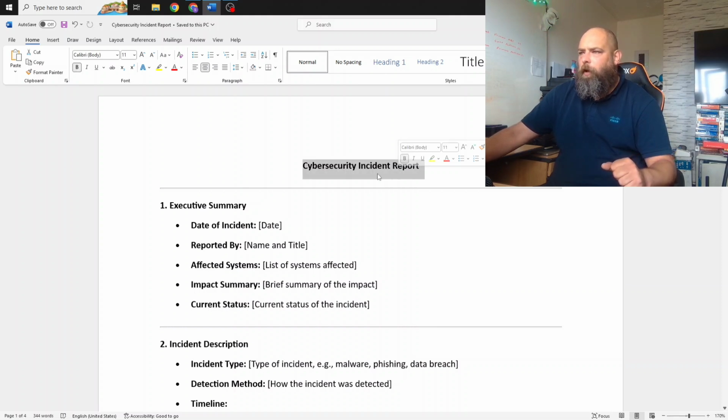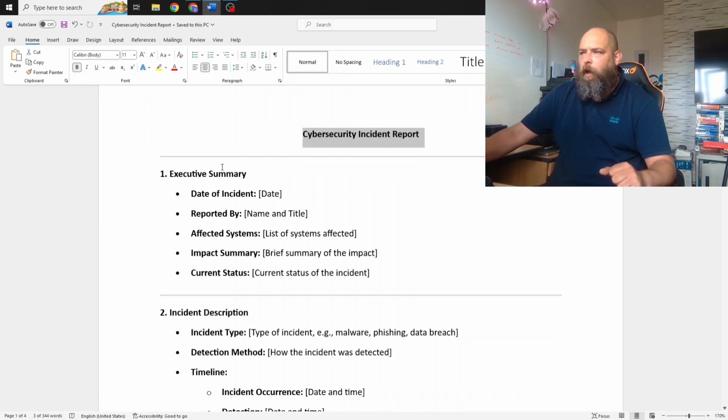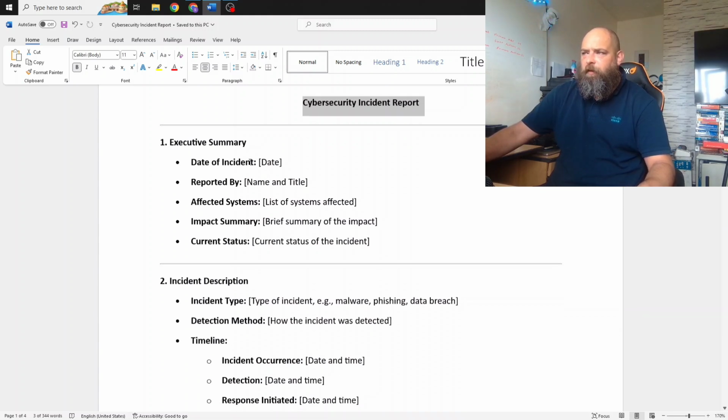You'll get an idea now of just how much work has to go into these. So, with regards to our incident report, we have Section 1, the executive summary, which would cover the date of the incident, who it's reported by, so name and title, the affected systems, so it's a list of the systems that have been affected, and an impact summary, so that would be a brief summary of the impact or what has happened.